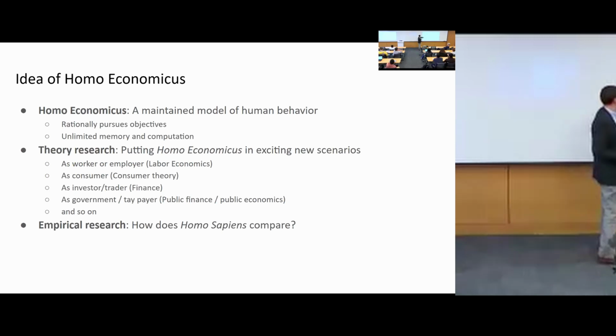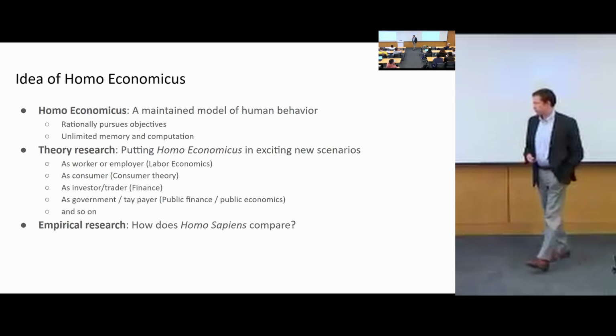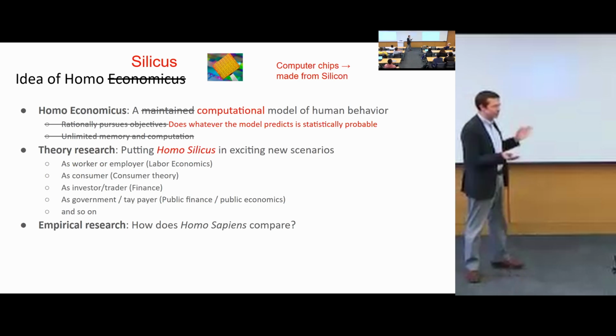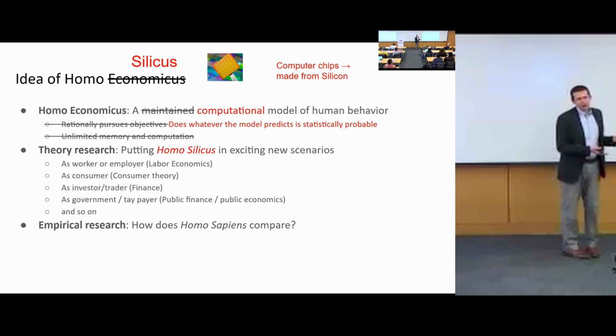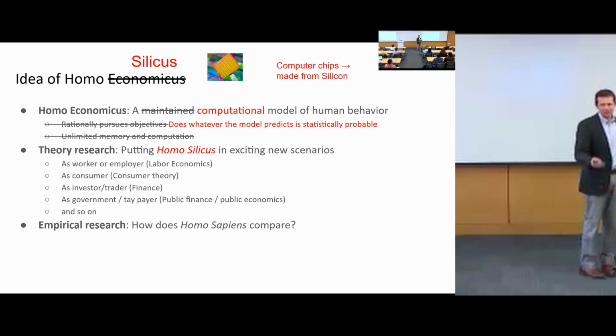If you want to make them an investor or a trader, you're doing finance. And what I think this gave us as researchers is not a new way of doing empirics. I very strongly don't think that this is empirics. It's more like how we can use models to explore a space.